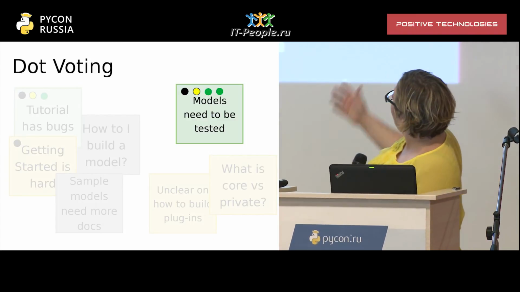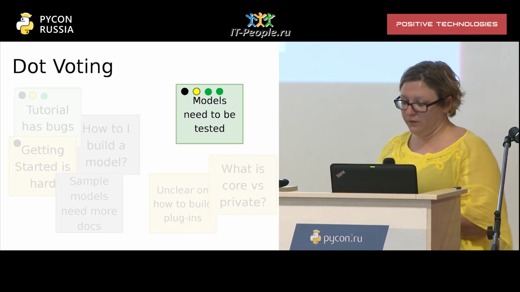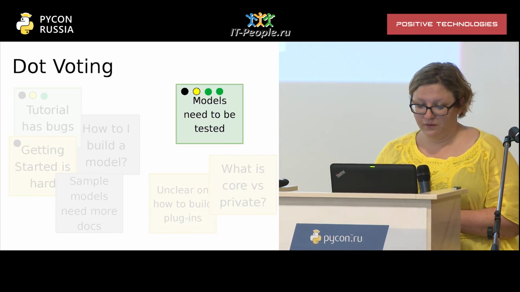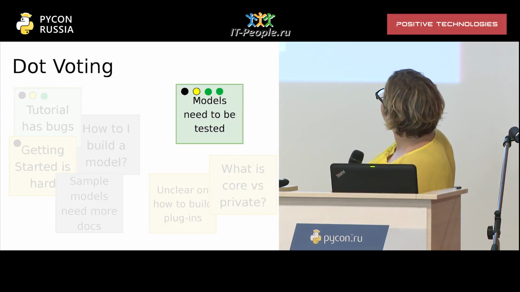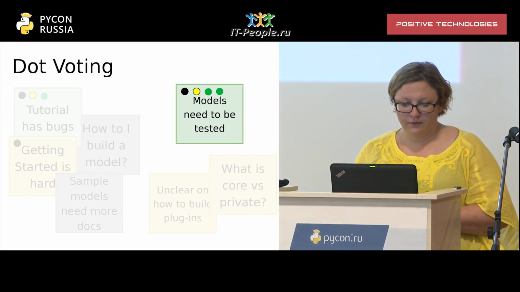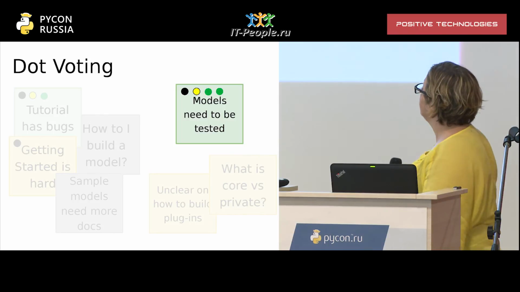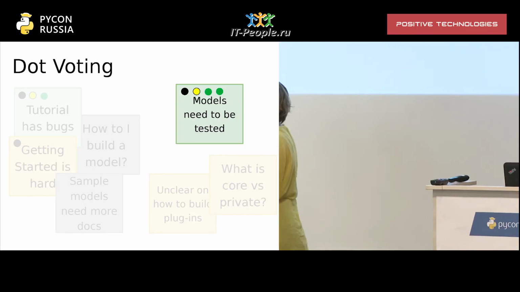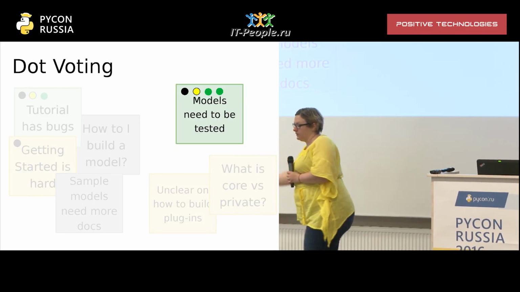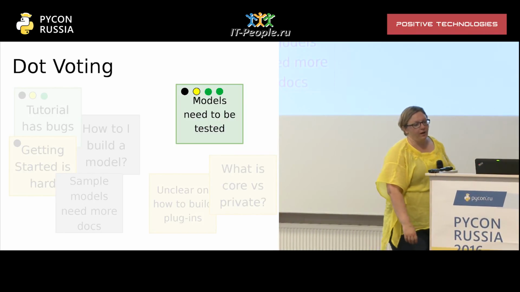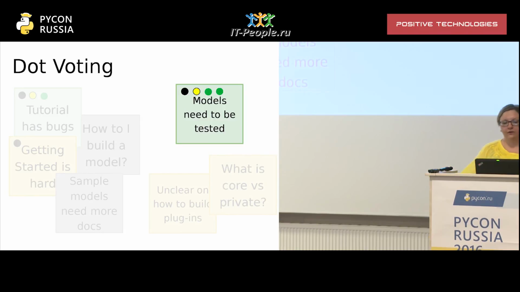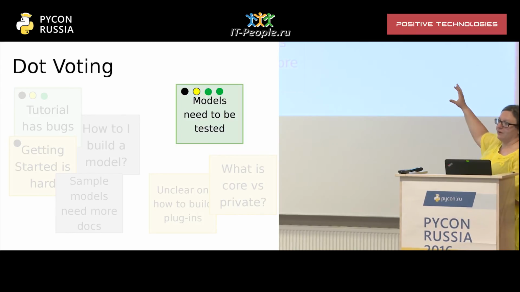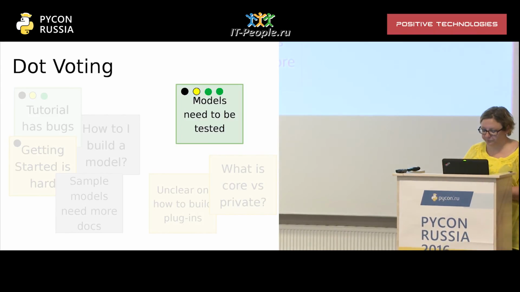So here I have 3 users, they all vote once, then they vote again, and then they vote a 3rd time. Now, interestingly, you can see that there's this cluster, and there's a lot of bugs in the tutorial, and maybe that's why getting started is hard, and so maybe that's like a sprint in itself.